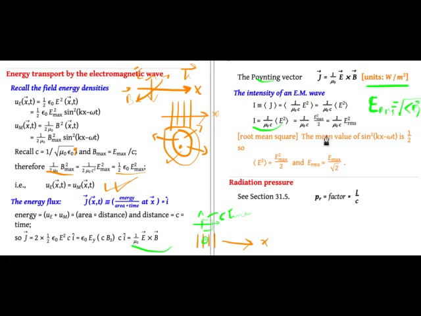E squared is E max squared over 2. So this is E max, that's the amplitude of oscillation of the electric field, over the square root of 2.